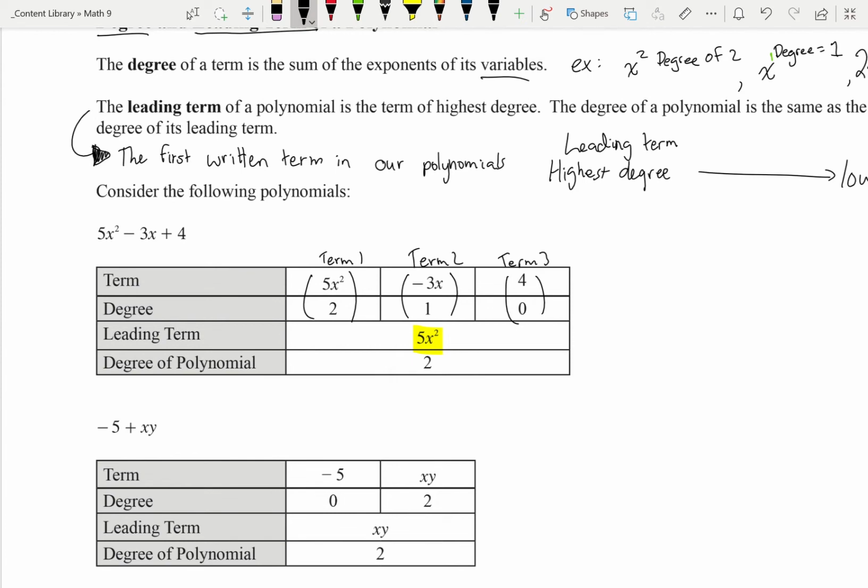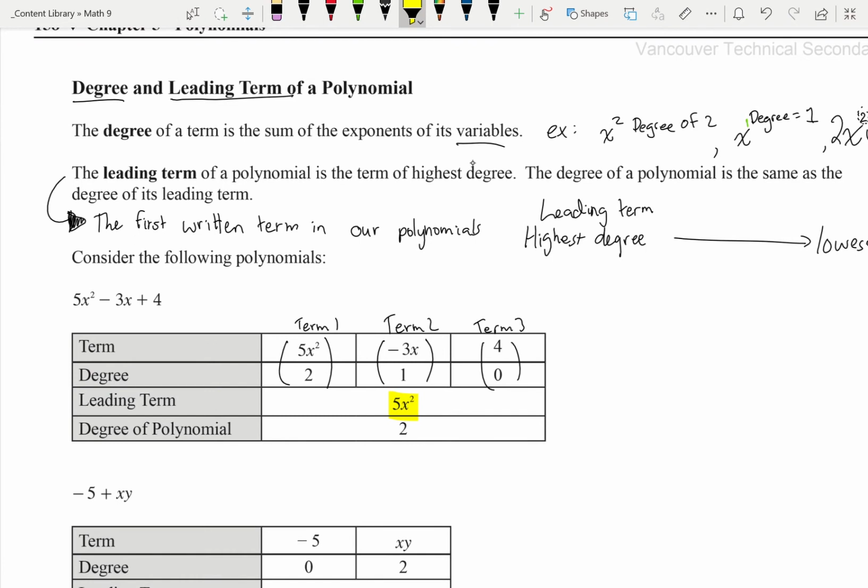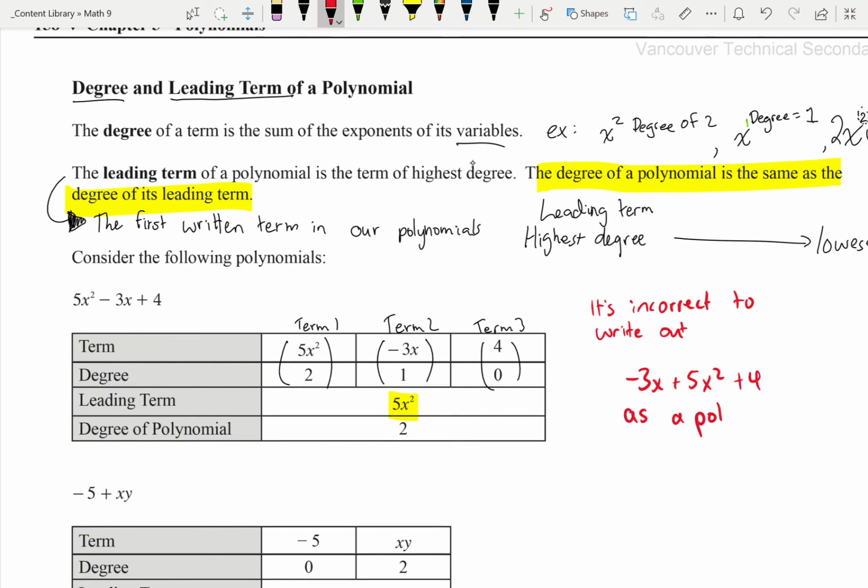And when we ask for the degree of a polynomial, the degree of the polynomial is the same as the highest, or as our leading term. So we want to write these properly. So one of the things I'll write out is it's incorrect to write out negative 3x plus 5x squared plus 4 as a polynomial.